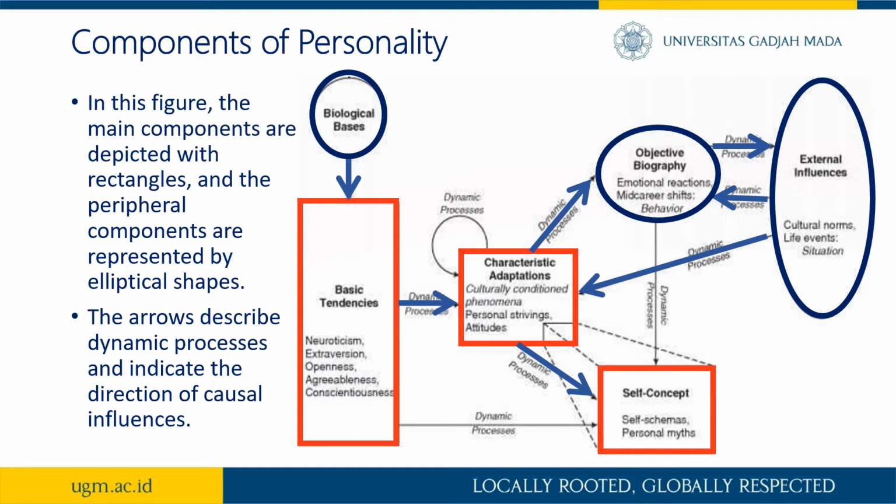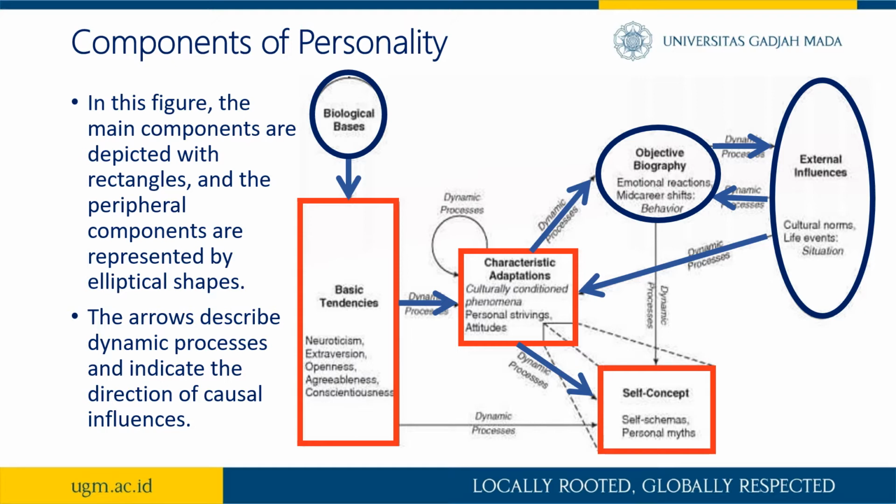So it means that they are the core components of the personality. And then the peripheral components are represented by the elliptical shapes, the ellipse. So you can see here there are three peripheral components, the biological basis, the objective biography, and external influences.